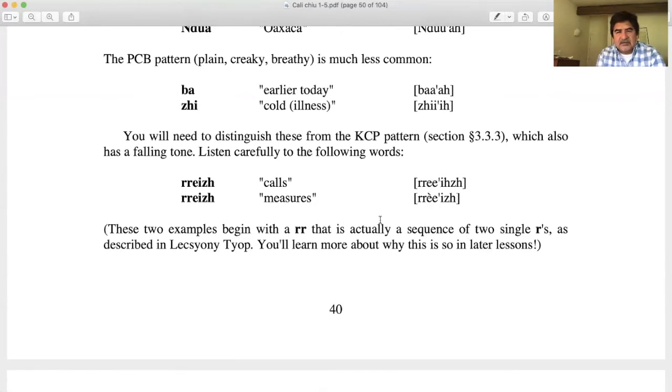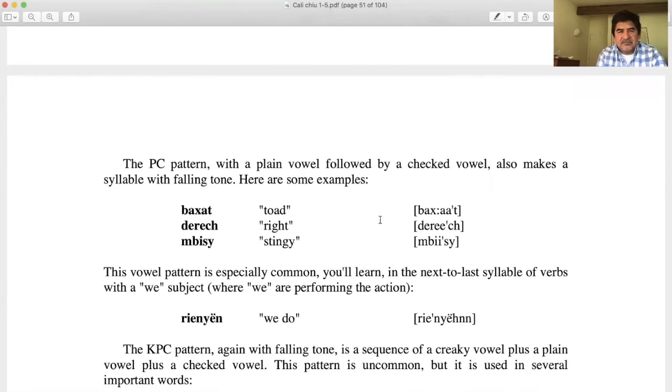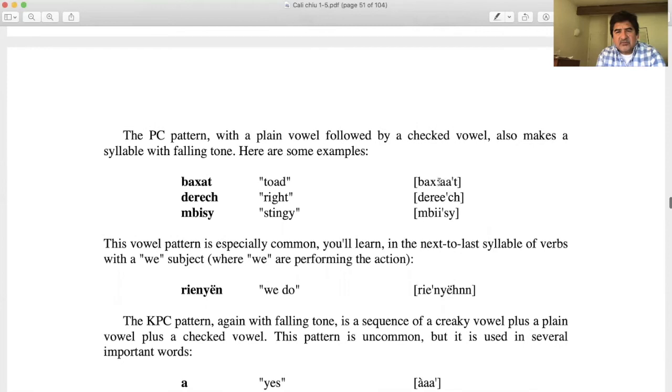Okay. Next is the plain and check pattern. And remember that whenever you see the colon, that's the X that we talked about, which we'll get into in a little bit. I think it's in this lesson that we'll talk about the fortis and the lenis consonants.